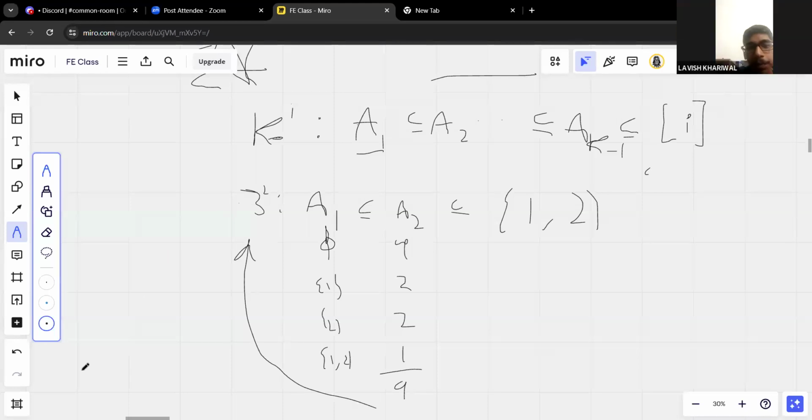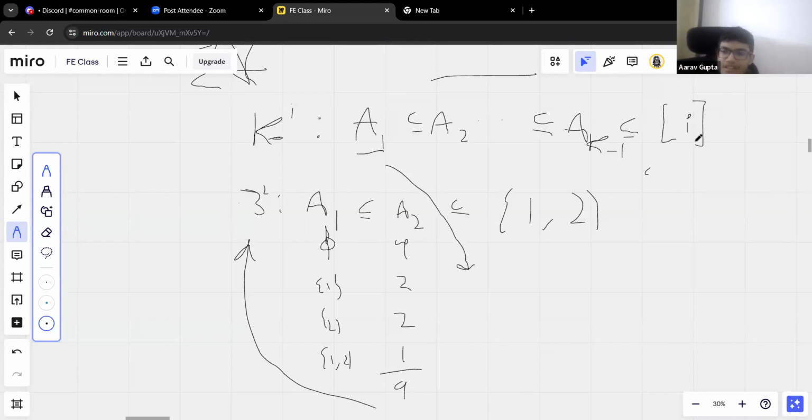Okay, I'll give another. Okay, wait. So I was proving this. How you prove this is that for every element of the box, let's say j, it can be in none of these. It can also be in only A_{k-1}. It can be in A_{k-1} and A_{k-2}. It can be in none of these, one of these, two of these, and so on until k of these.